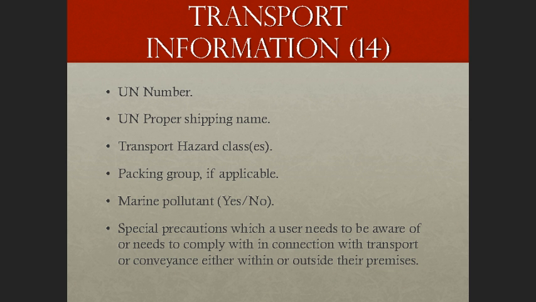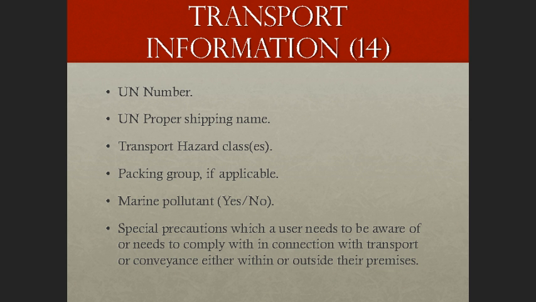Moving on to Section 14, transport information. This is going to have a UN number. It's going to have shipping names, transport hazard classes if that's applicable. We're now going to require marine pollutants to be logged and categorized in more depth. That's a bigger change that we're seeing enforced over time now, and any other information that pertains to transport.